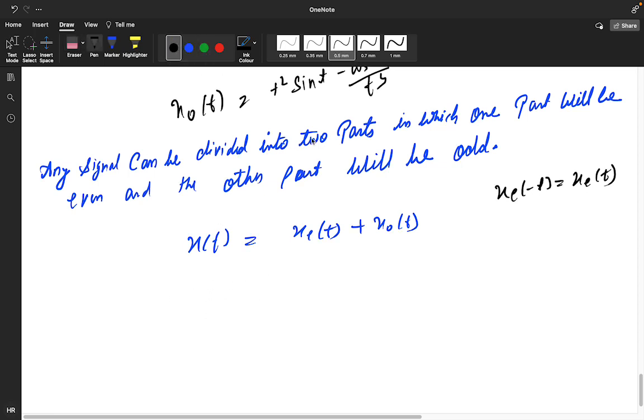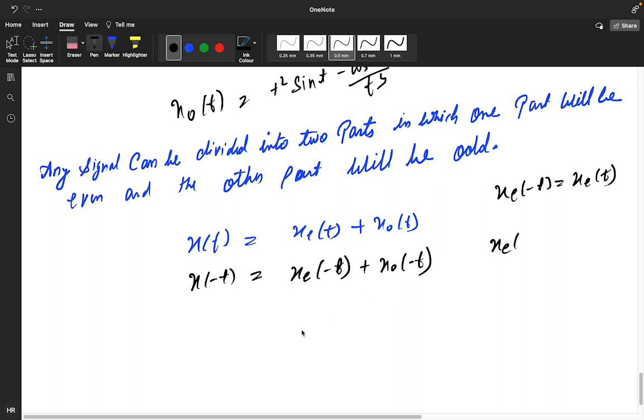See what I am doing. If I make this t as minus t, what will you get? x of minus t will be x e of minus t plus x naught of minus t, right?